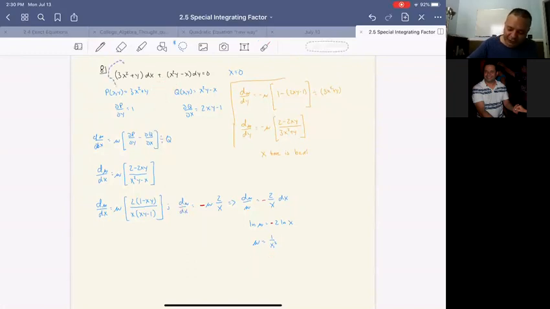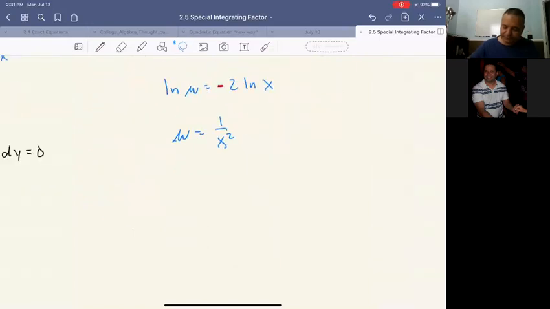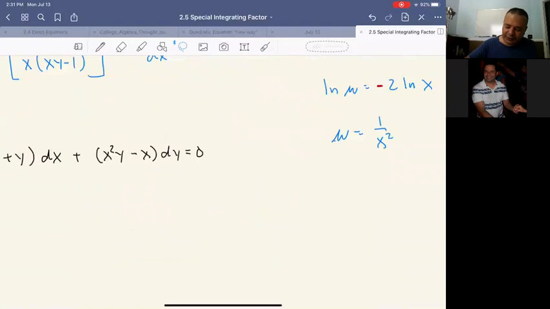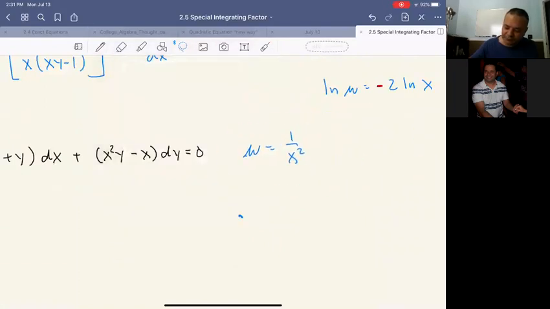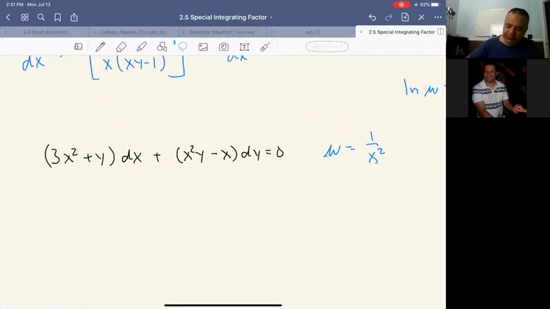We're going to take the 1 over x squared and multiply it by our original equation. Let's take our original equation and our integrating factor. So we multiply this equation by 1 over x squared.